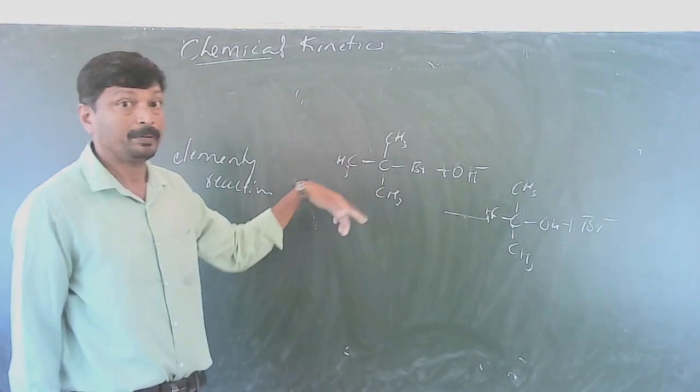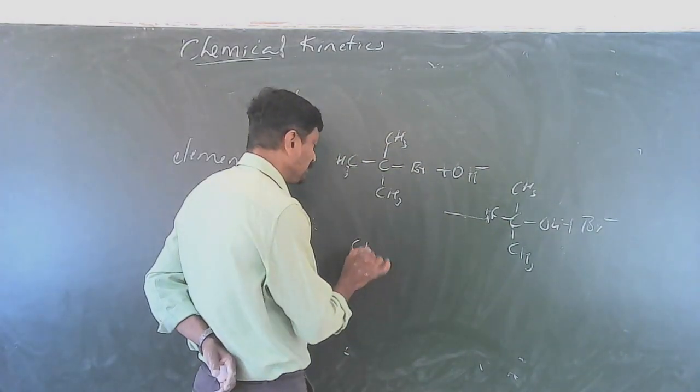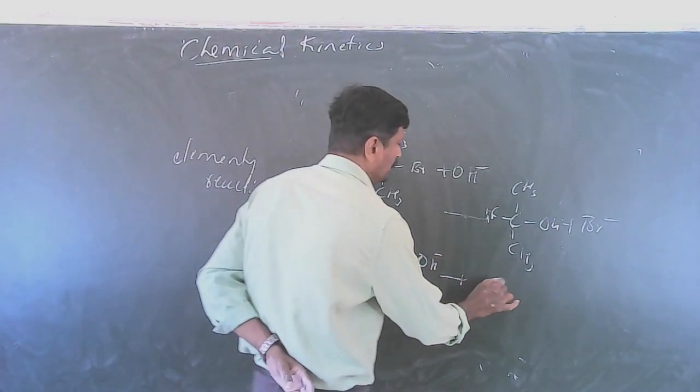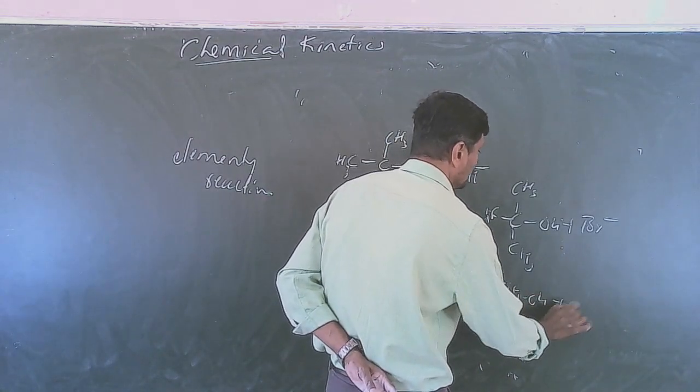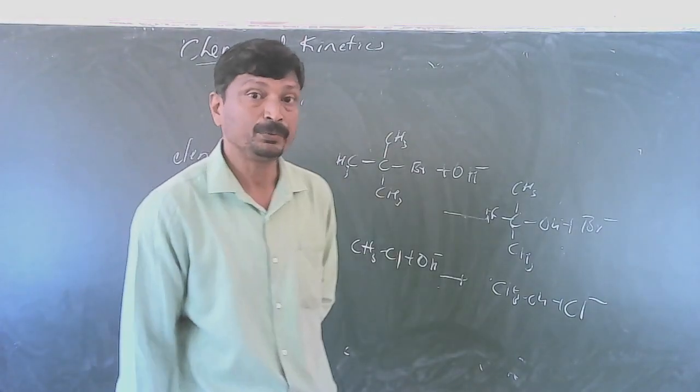This is the example given for the SN1 reaction. For the SN2 reaction, CH3Cl, methyl chloride, plus OH minus ion gives methyl alcohol plus Cl minus ion. This is an example written for the SN2 reaction.